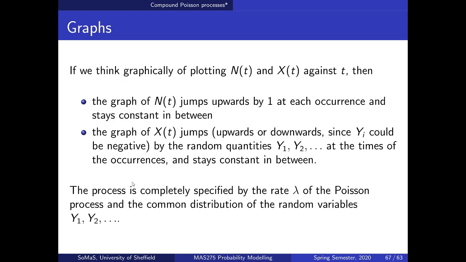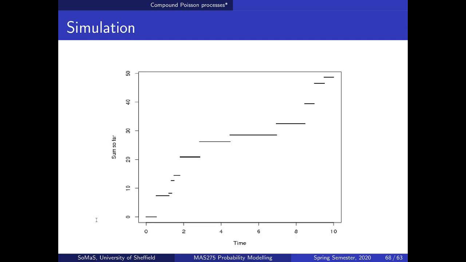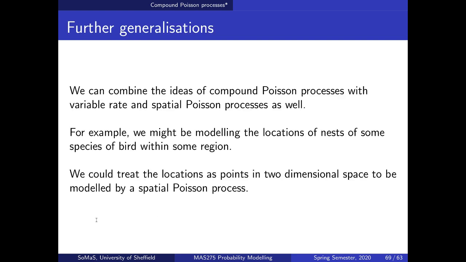And you'll notice that the distribution of this process is completely described by first lambda, which describes the Poisson process of where the events happen, and then the common distribution of these IID variables Y1, Y2, and so on. Because we know when we jump, and we know by how much we jump. So we know everything.